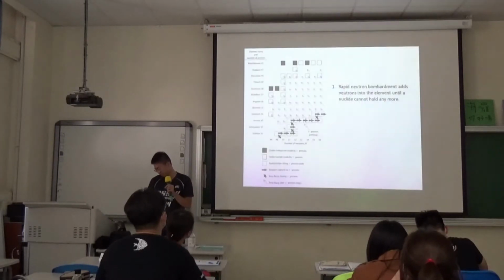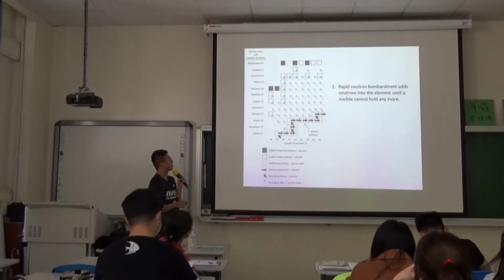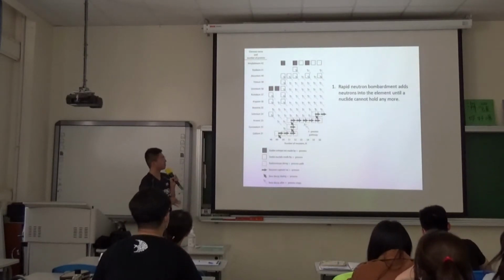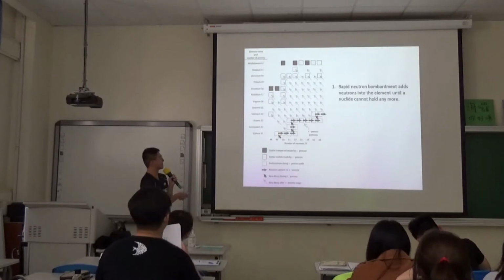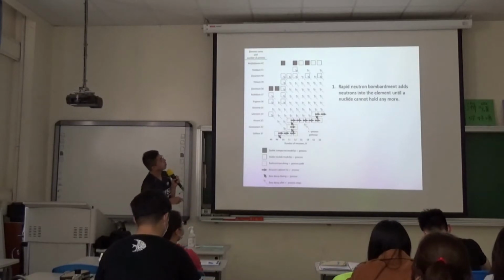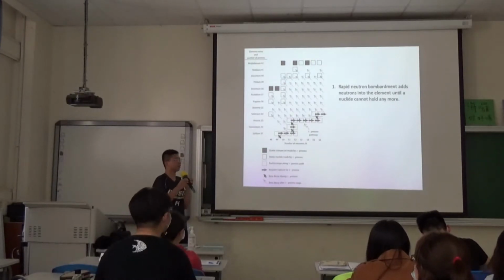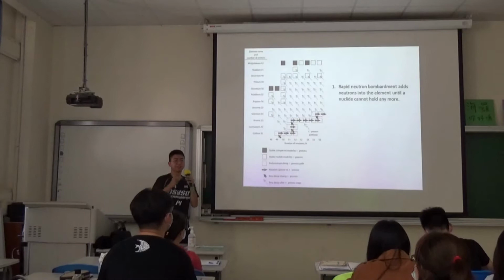And then, I'm bad at chemistry, so most of this topic is from the reading. The rapid neutron capture adds neutrons into the element until the nuclei cannot hold any more. In the explosion, the neutrons are free and rapid.